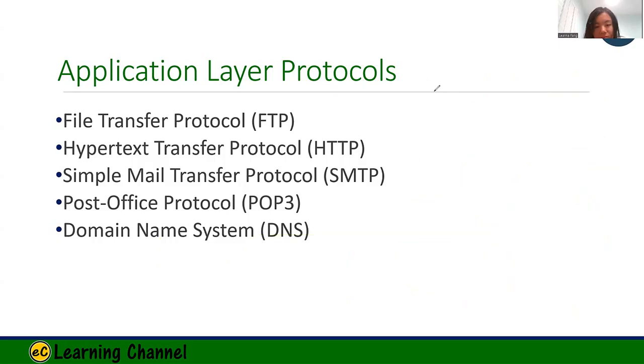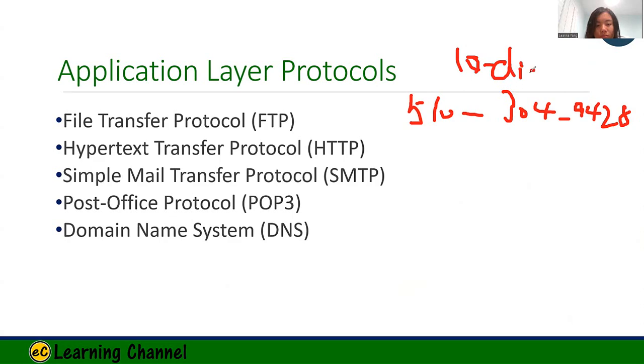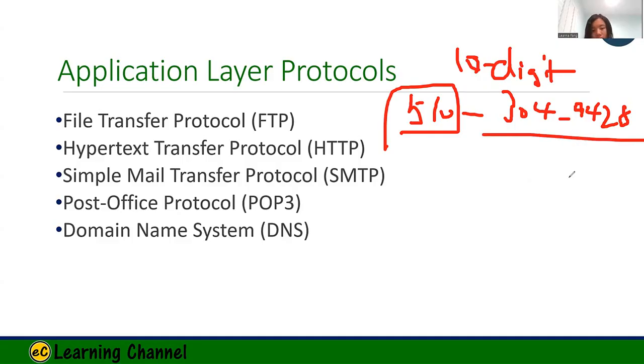Basically, when you call a cell phone, my phone number is 510-304-9428. So it's a 10-digit number, right? 3 digits for area, 7 digits for my phone. So this is actually my phone number.